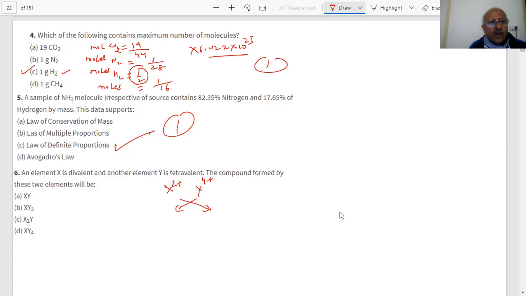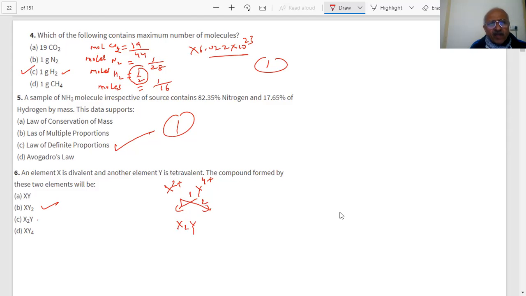B part. Okay, B is the correct answer. You multiply this by 2, this by 1. So X2 to X is divalent, so X2, so what it will be? You multiply this by 2, this by 1, so it will be X2Y.